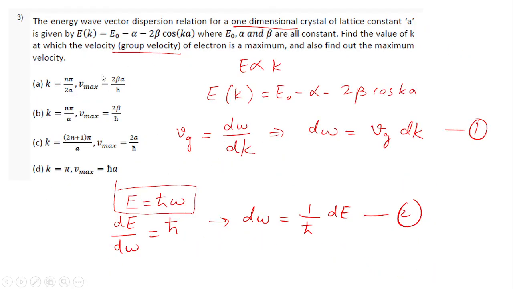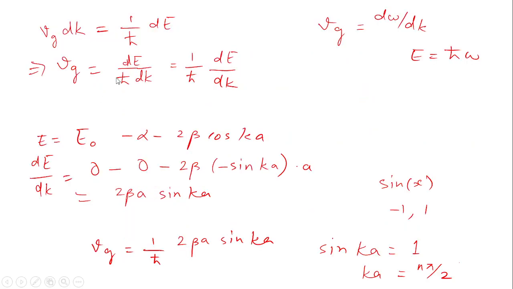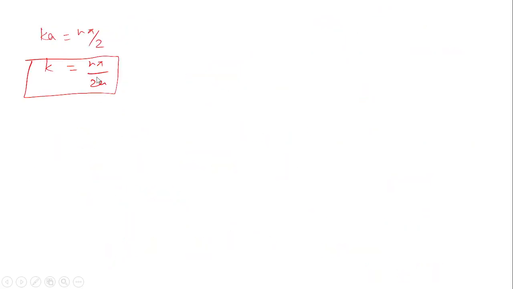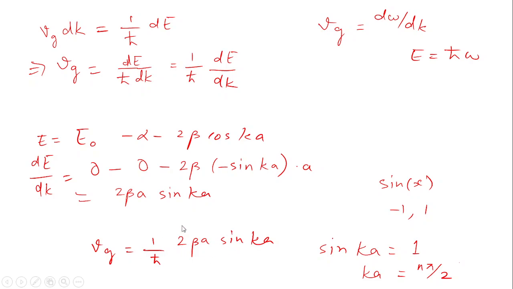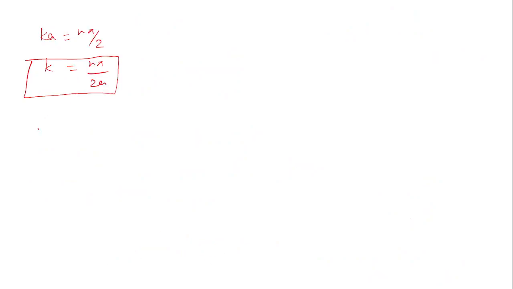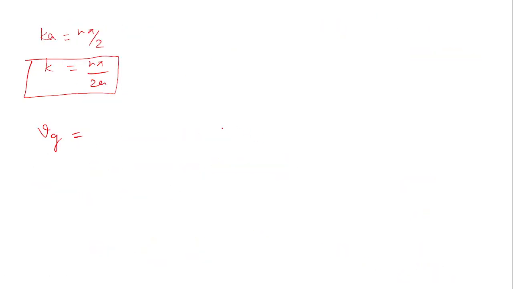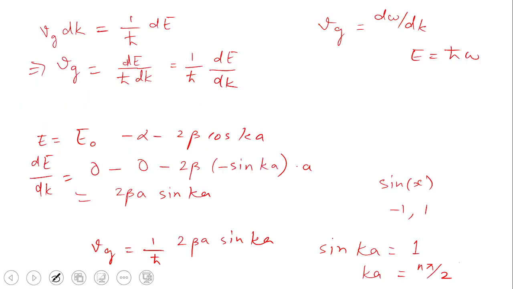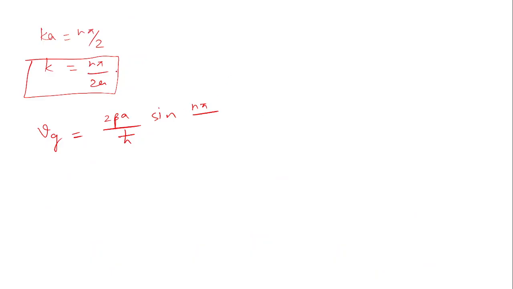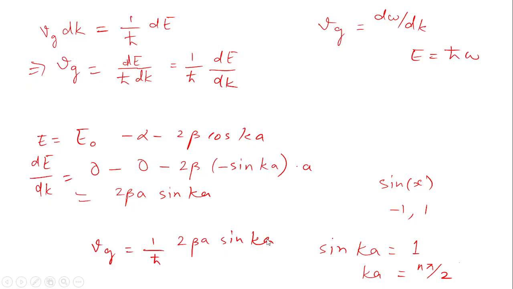We also need to find out the value of group velocity. So when we substitute the value of k in this expression, let's do that. It's 2 beta a by h bar, and sine of k a with k equal to n pi by 2a, and there was one a here, right?